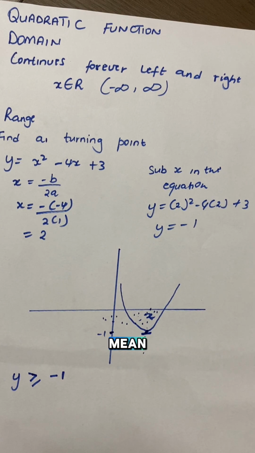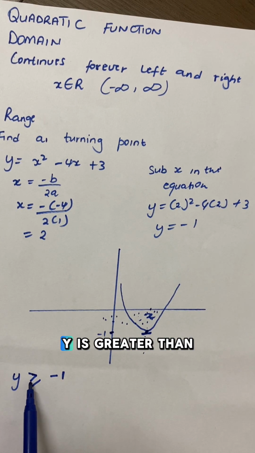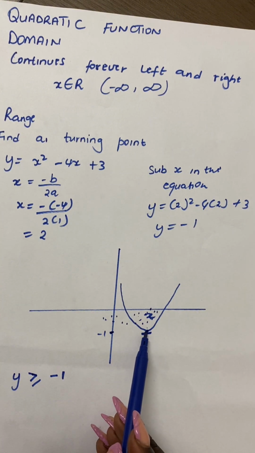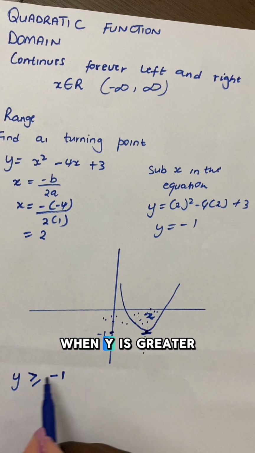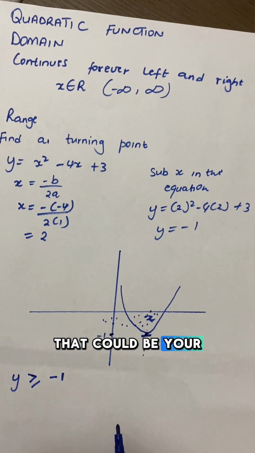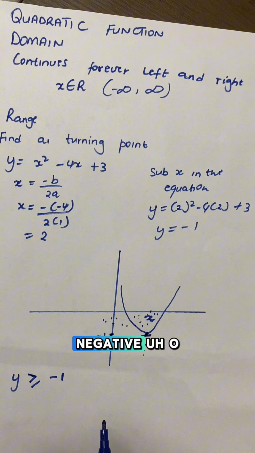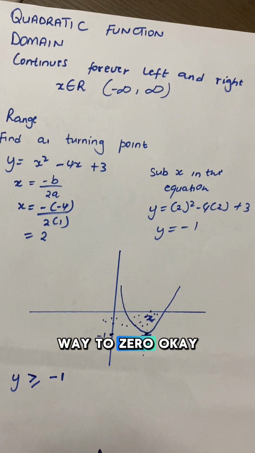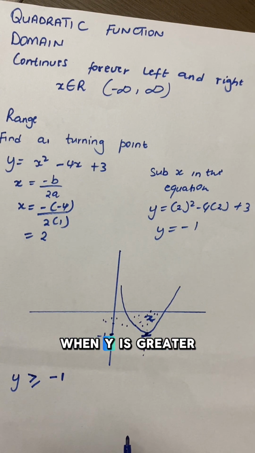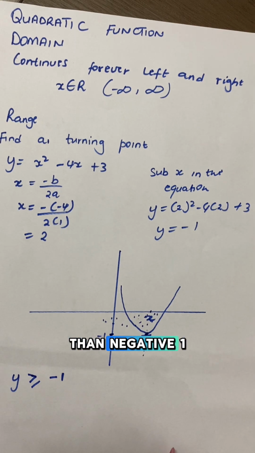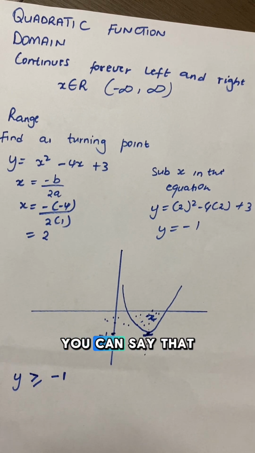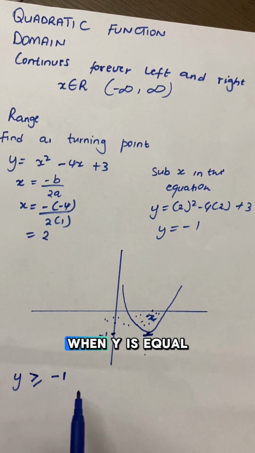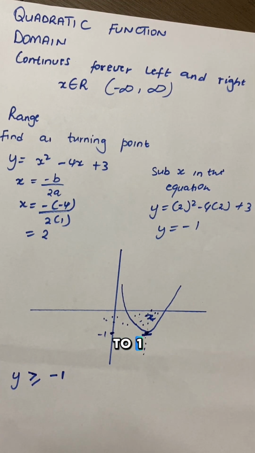It means the graph exists when y is greater than -1, like negative 0.9, negative 0.8, all the way to 0, or when y is equal to -1.